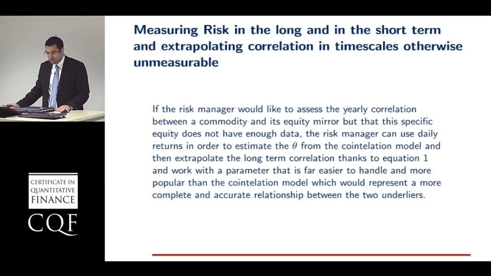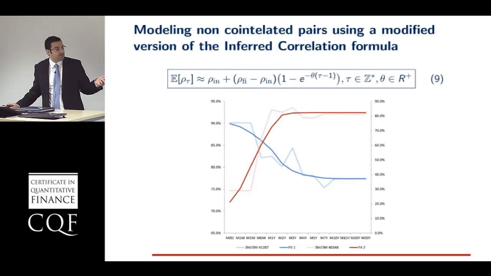But good news, you can use the Cointelation model, estimate the theta and rho parameters at the most infinitesimal level, and then extrapolate, thanks to the inferred correlation formula, what the conservative yearly correlation ought to be. So it's quite useful when you don't have much data.